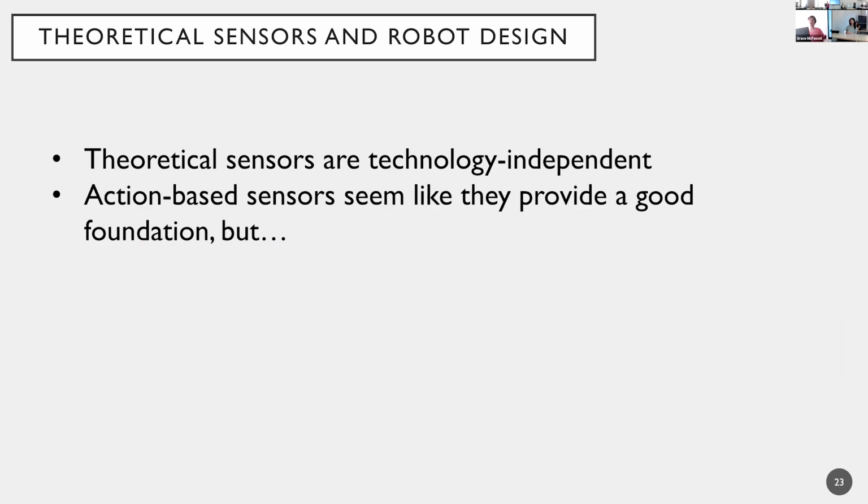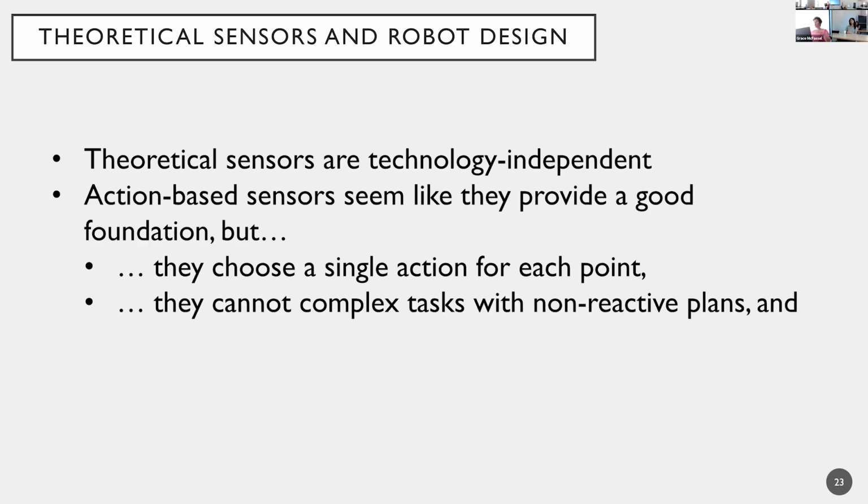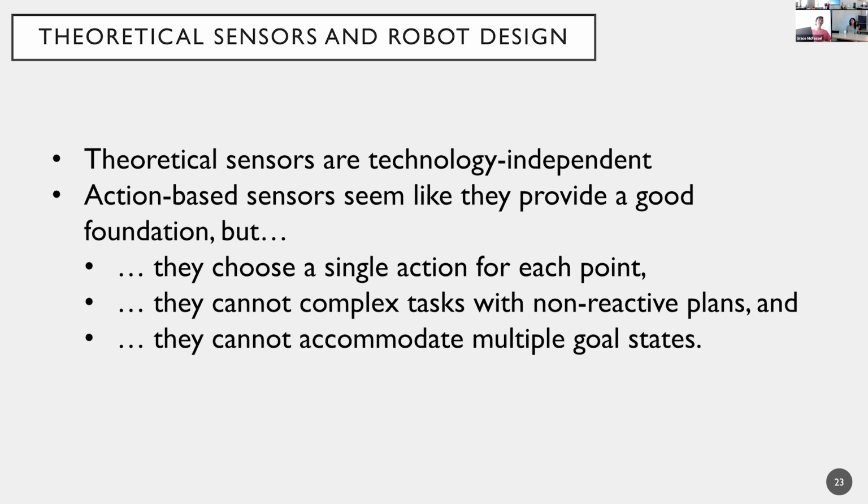But we just saw there are other types of ways of specifying robot behavior. What happens if we want to preserve choice in action? Or what happens if our robot's required behavior is too complex to be expressed purely reactively? What if we know ahead of time that we're going to need to learn things about the environment, or even that we want to accommodate multiple different goal states that we could be in?